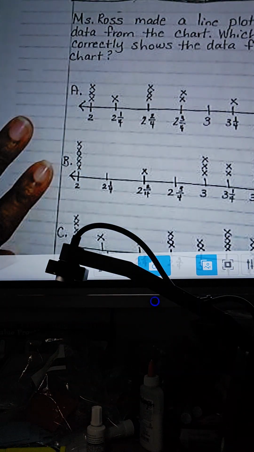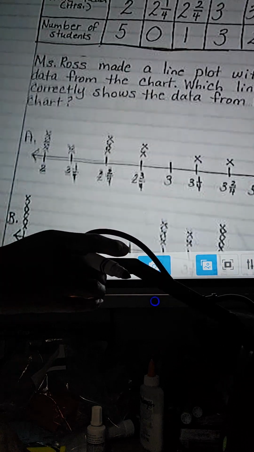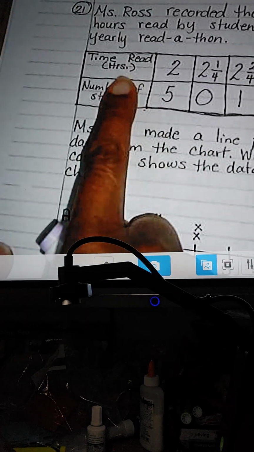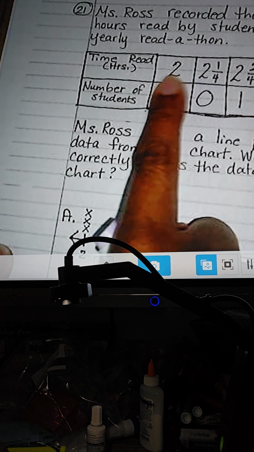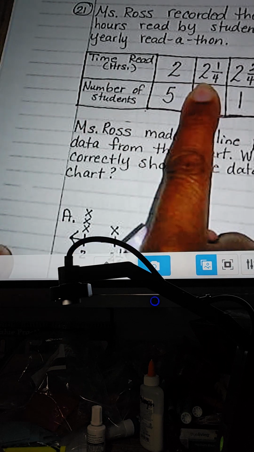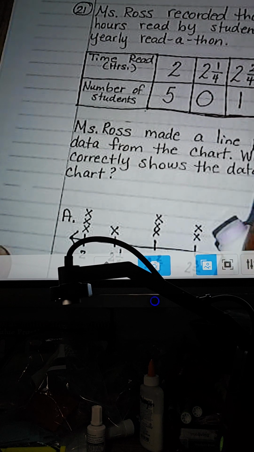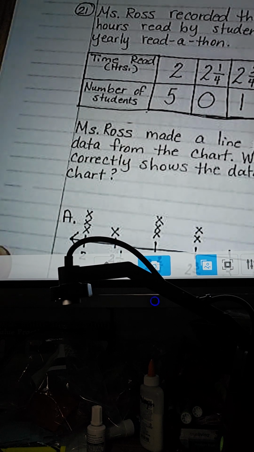Okay, number 21. Any questions about the data plots? All right, number 21. Miss Ross recorded the number of hours read by students for the yearly readathon. This shows the time read in hours: 2 hours, 2 and 1/4 hours, 2 and 2/4 hours, 3 hours, 3 and 1/4 hours, and 3 and 2/4 hours.